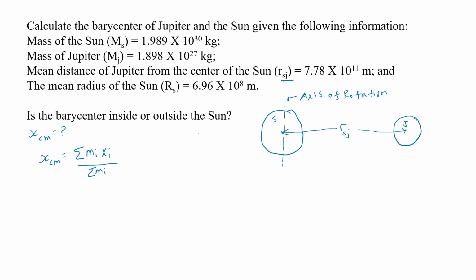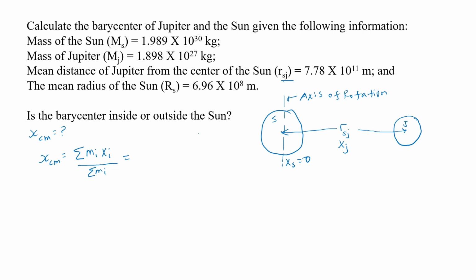Then the distance from the center of the Sun to the axis of rotation, which is along it, is going to be x sub s, and that's equal to 0. With this reference, the distance of the center of Jupiter is equal to R sub Sj. Let's represent it by x sub j for convenience. Now, based on this, what is the center of mass going to be?